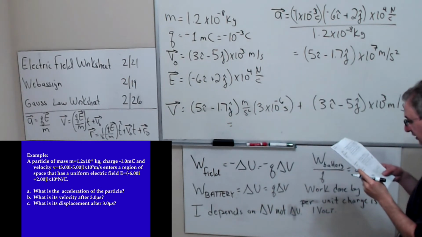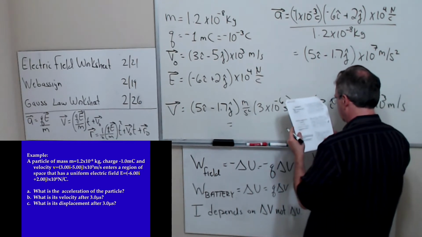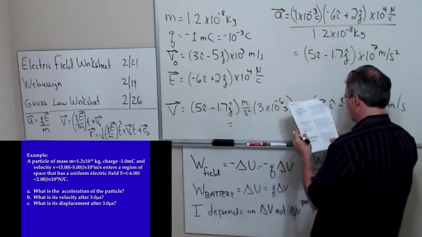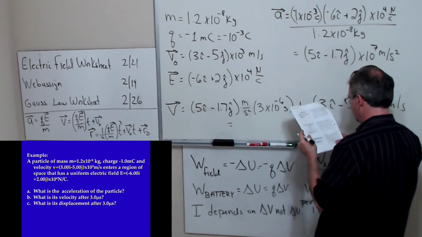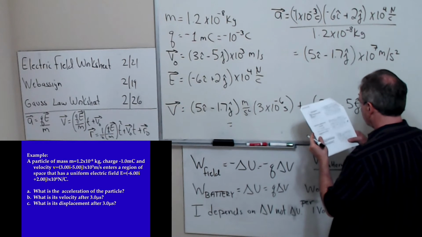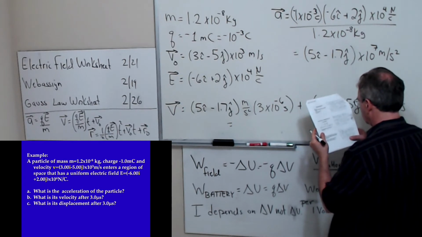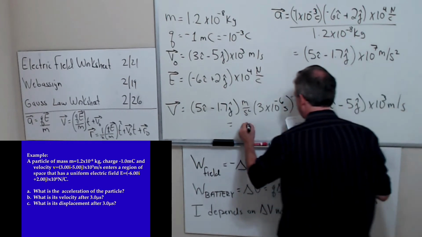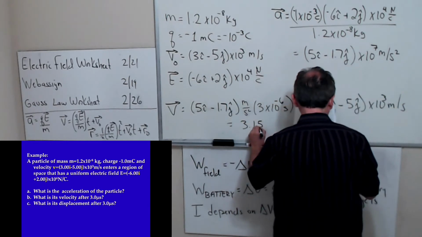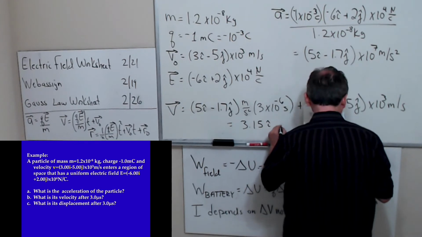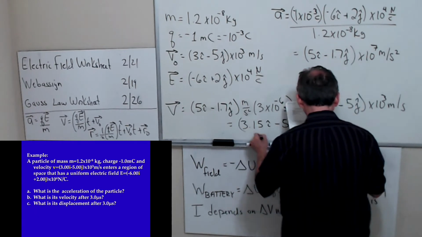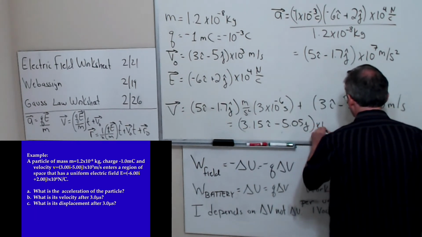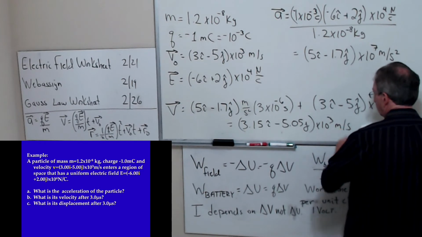When you do it on your calculator, you get 3.15 i minus 5.05 j times 10 to the third meters per second.